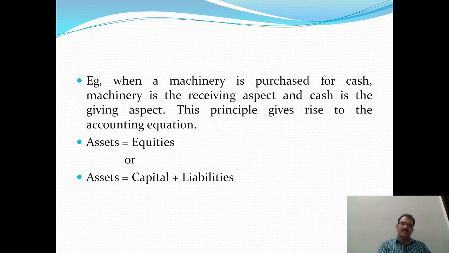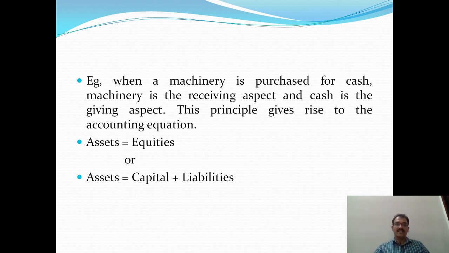Just an example. When a machinery is purchased for cash, he purchased a machinery by paying cash. As far as the business is concerned, machinery is the receiving aspect. The business receives machinery and cash is the giving aspect because we are paying cash to the supplier of the machinery.